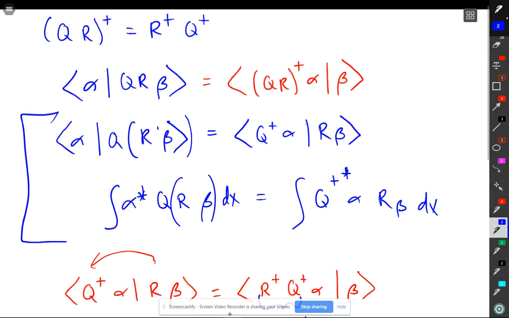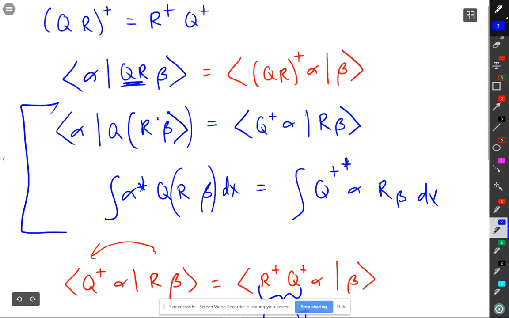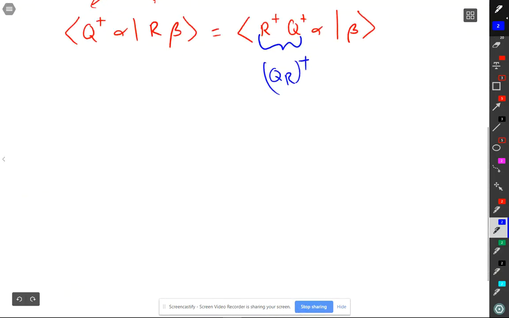What we started with in this position here, we now have the adjoint in the front position. And so what we've shown is that QR adjoint is equal to R adjoint, Q adjoint. And when I say adjoint, it's Hermitian adjoint each time.